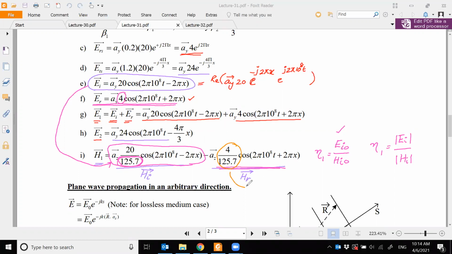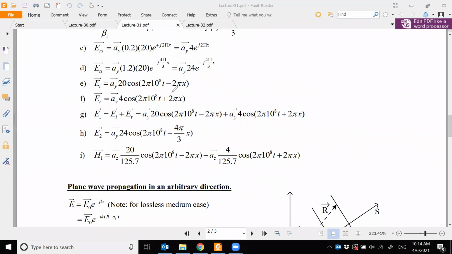So here again, eta 1 is equal to the reflected electric field amplitude over the reflected magnetic field amplitude. Okay. So this was a simple example for the normal incidence, and I would encourage you to please go and look at the textbook. There are some examples done, and also in the homeworks.